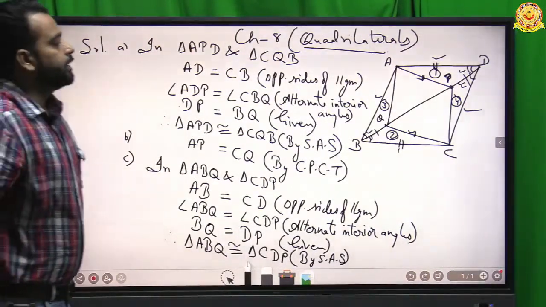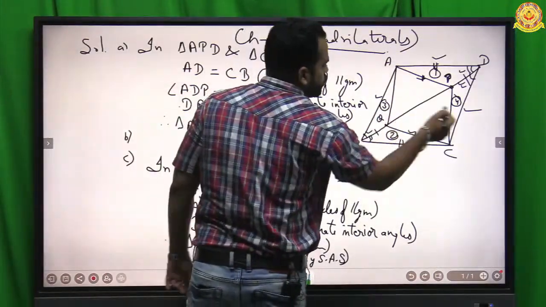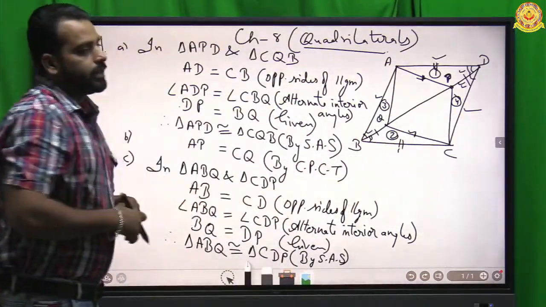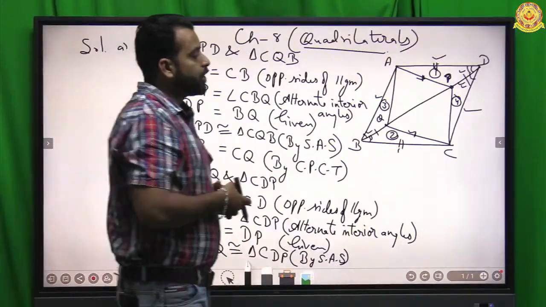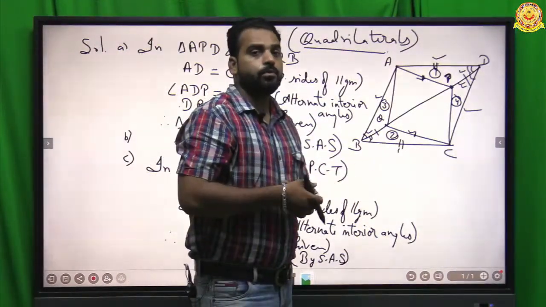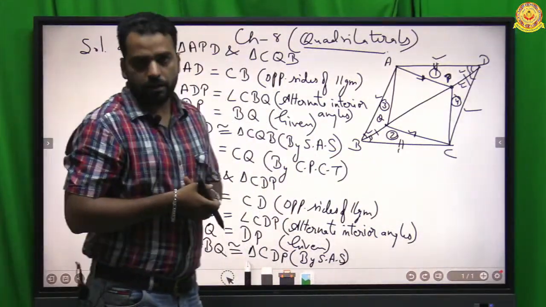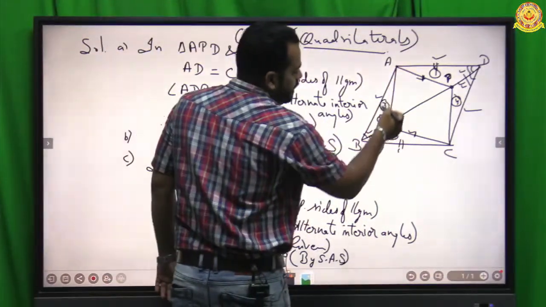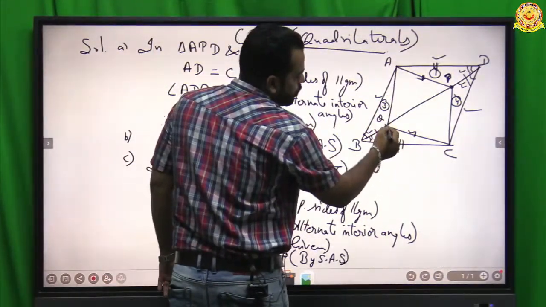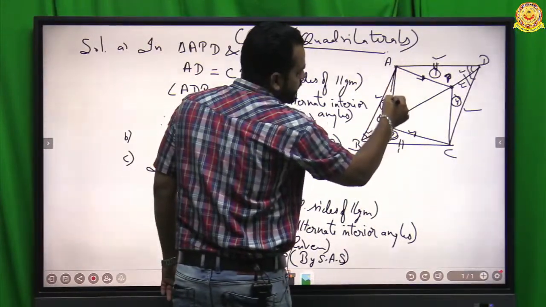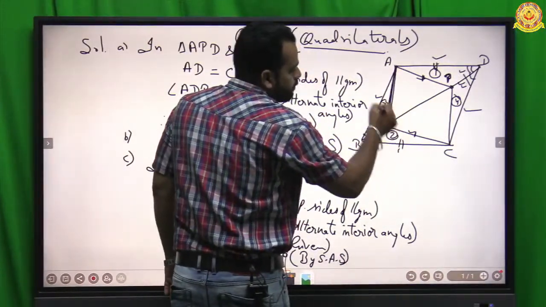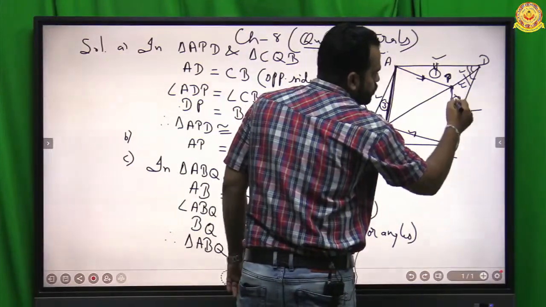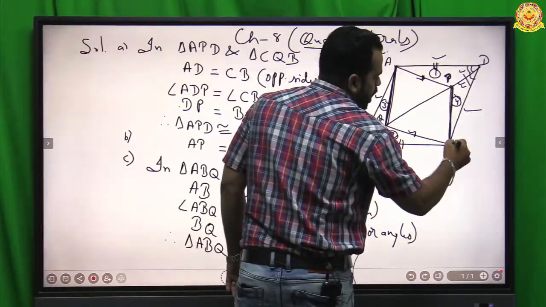Okay, now if these two triangles are congruent, therefore we can say that the corresponding sides are equal or corresponding angles are equal by CPCT again. So here we can say that this side AQ, as you can see, is this equal to CP?